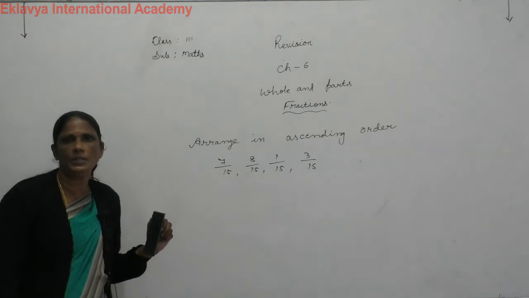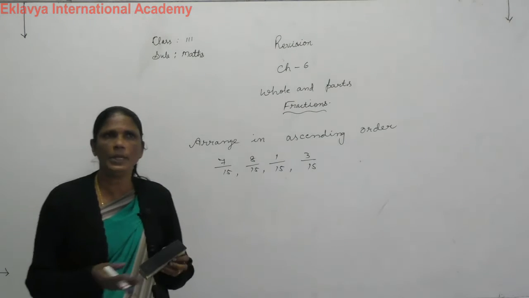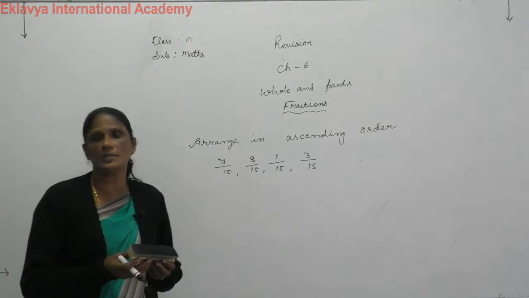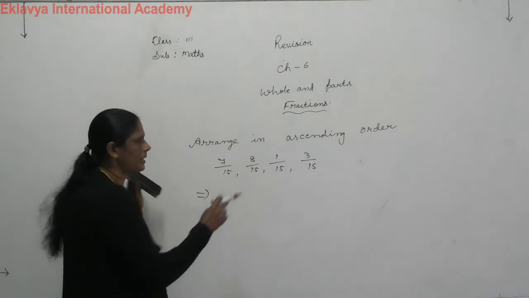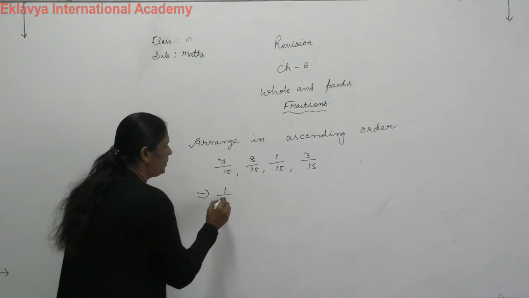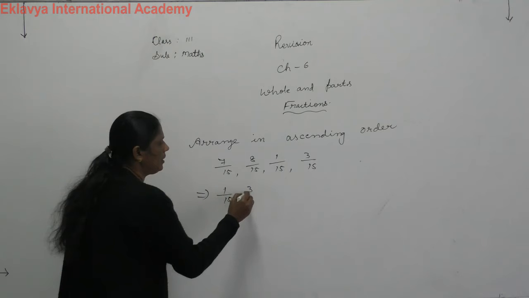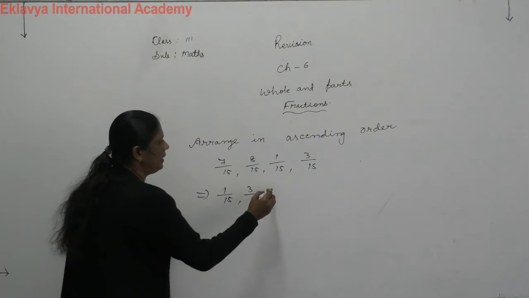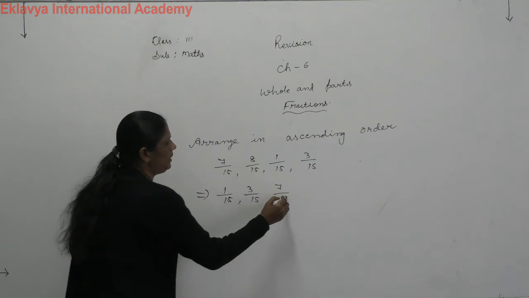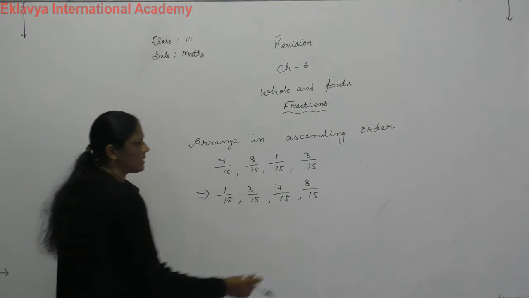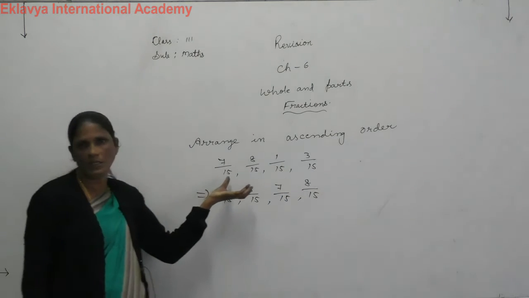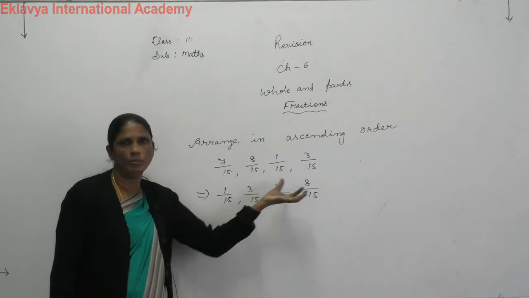Ascending order means smaller to bigger. Here, which is the smaller fraction? 1 by 15, then 3 by 15, then 7 by 15, then 8 by 15. Understand? Ascending means smaller to bigger.